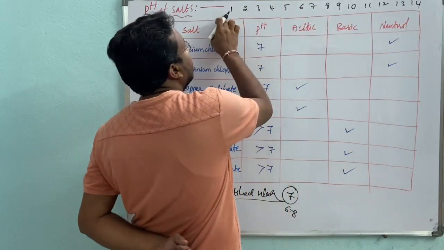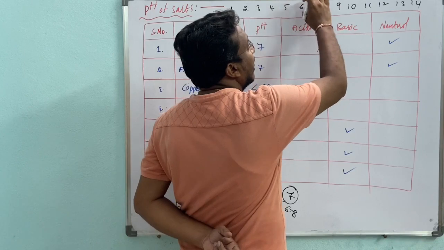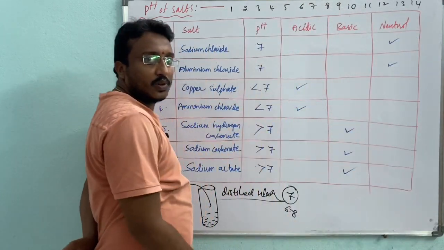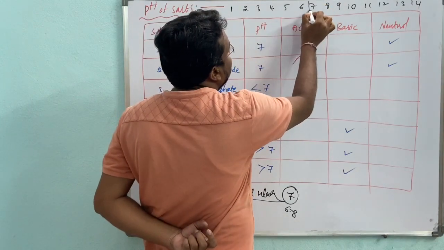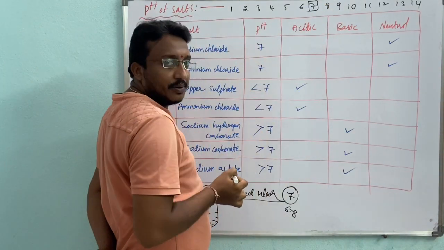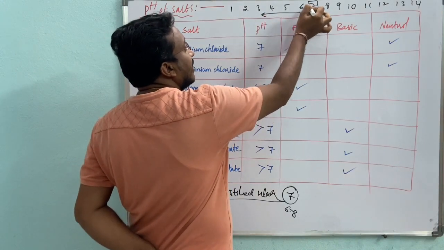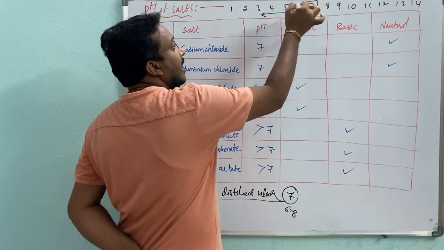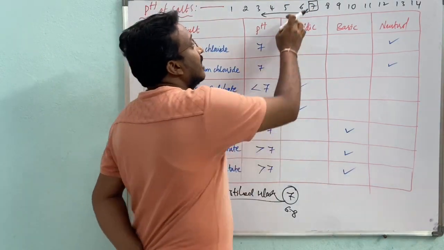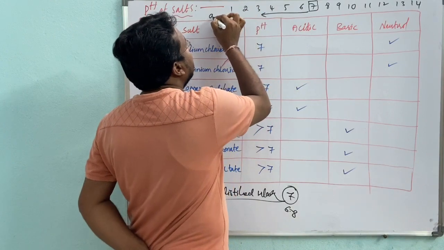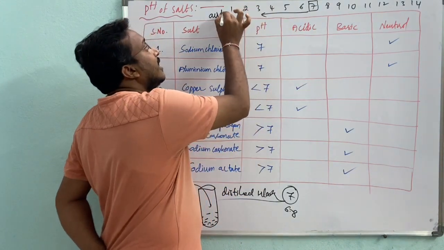Then here it starts with the red color, and while going to the right side, the color changes. If pH is 7, it is exactly neutral. If you go this side, the pH is decreasing, less than 7, meaning less than neutral, then the substances are acidic in nature.